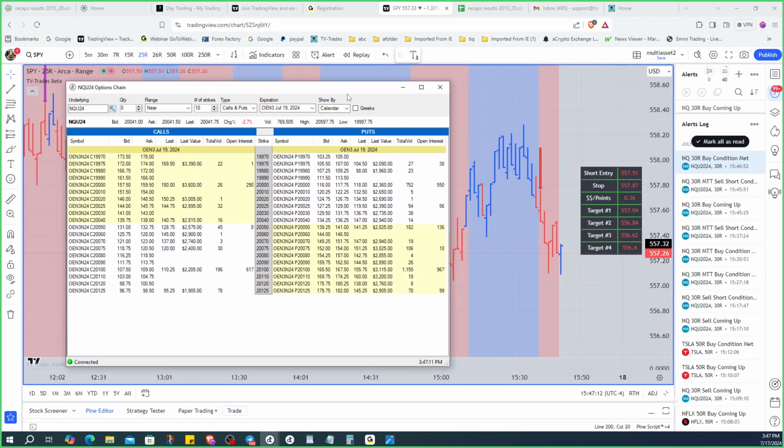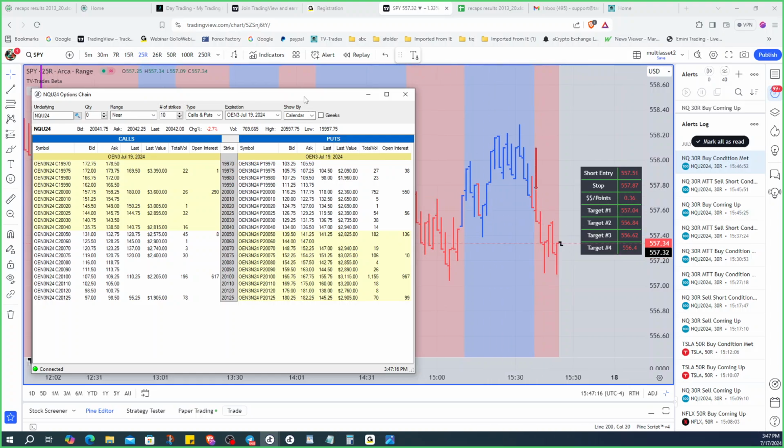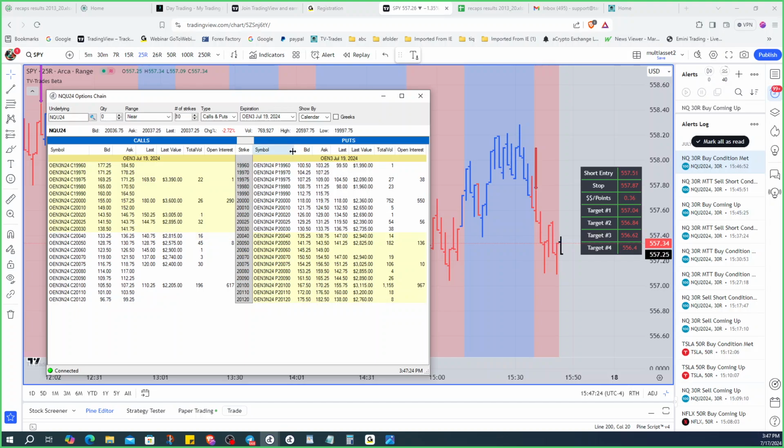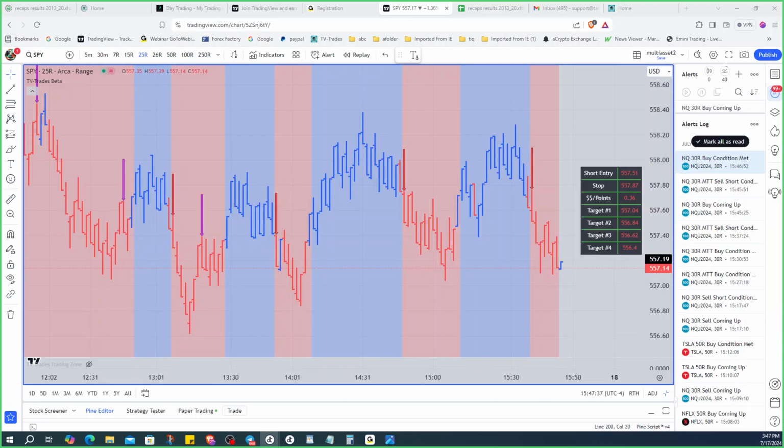Because you can do the same stuff in here with futures options that we're just doing with the ETFs. You can do the same thing in here with futures options, and also micros. Right now, one of the things that we were just talking about as far as options go is the theta. That's the time aspect of it.